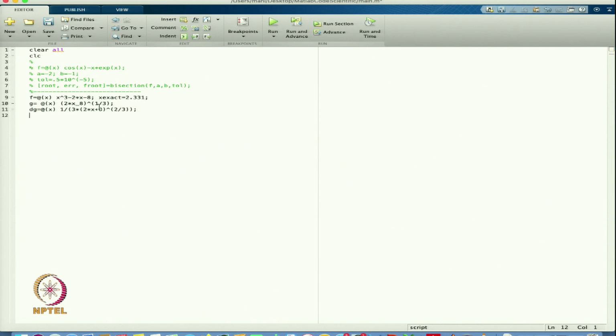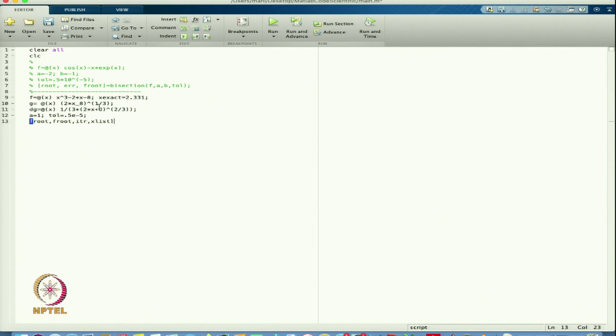Okay. Now, in this case I start with a equal to, suppose, 1, and the tolerance I am giving is 0.5 into e minus 5. So, that is the tolerance I am giving. Now, let us start by calling the function. I will find my root here, f root, then ITR iterations and x list.